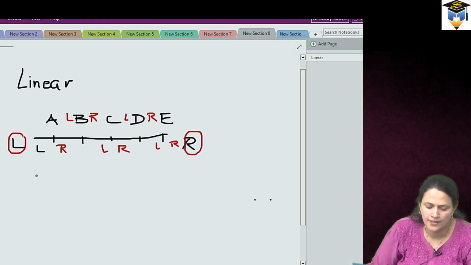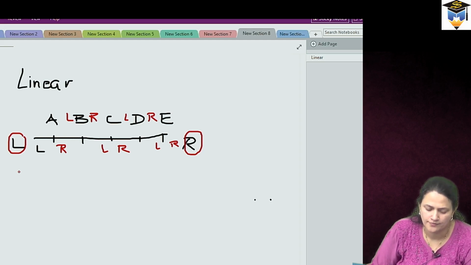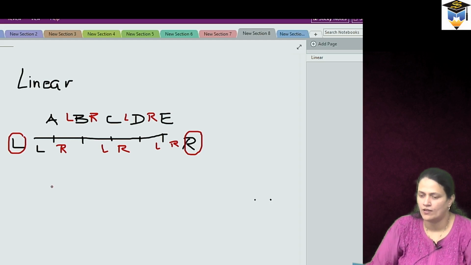Give the heading as, suppose a person is sitting facing south. So he is facing south direction.